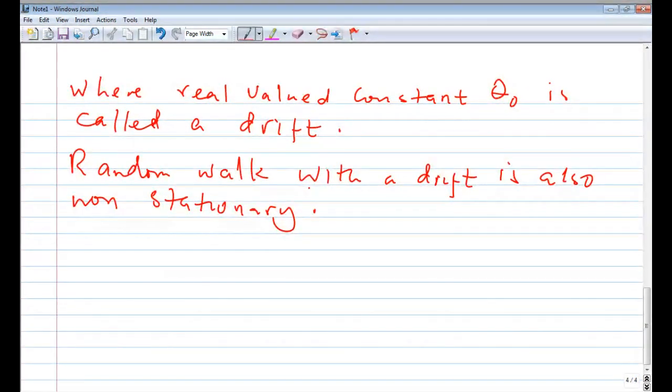Initially, we proved that the random walk is not stationary, and now this random walk with a drift is also not stationary. So you can just prove that. I just want you to do that as an exercise.